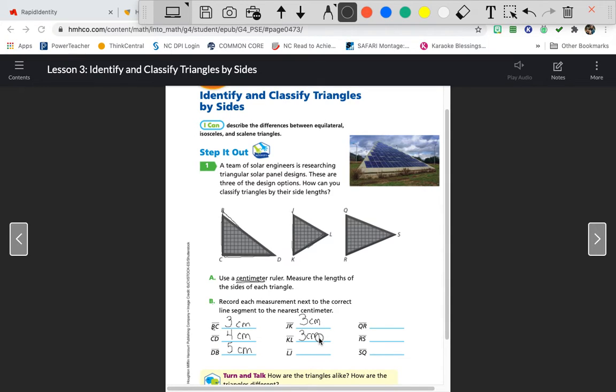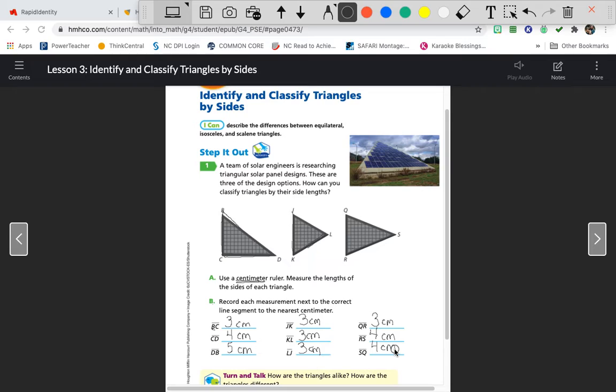And then LJ is 3 centimeters. Okay, and then our last triangle, QR, 3 centimeters, RS, 4 centimeters, and SQ, 4 centimeters. So again, making sure that you pay close attention to those measurements.